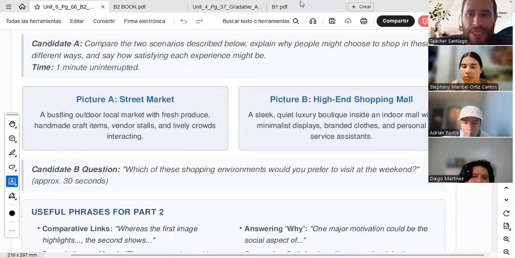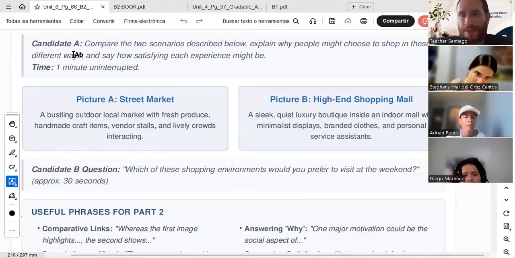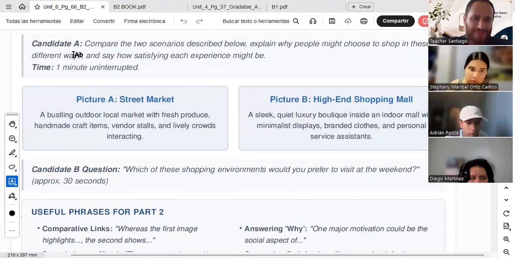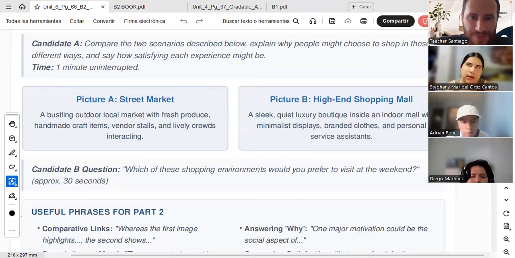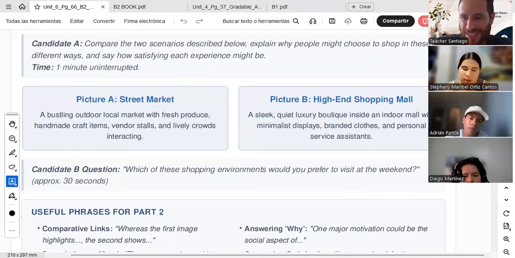Take your time to think about your answer. Compare the two scenarios described below. Explain why people might choose to shop in these different ways. You can take a minute to think about your ideas. So far, you're doing pretty good, guys.